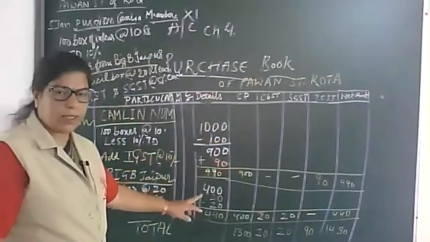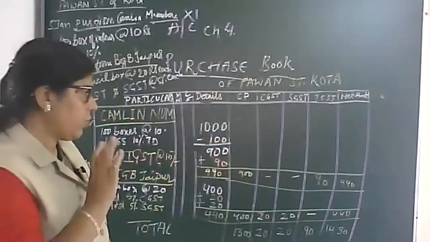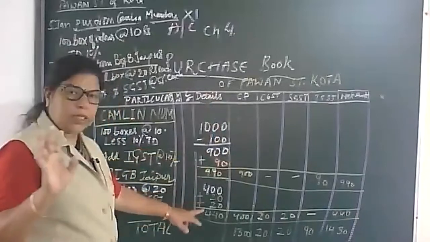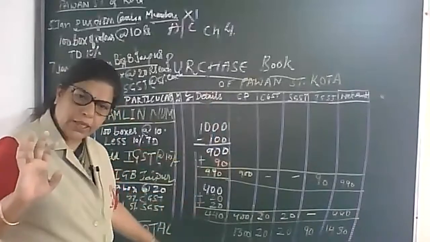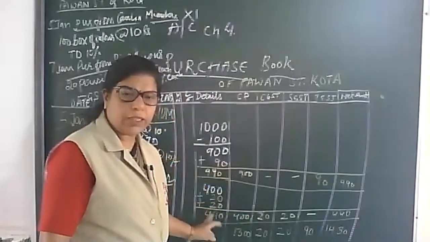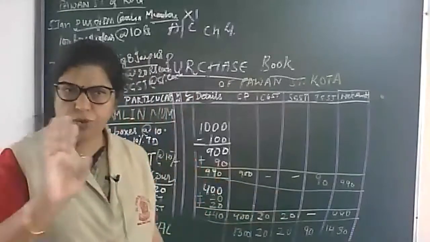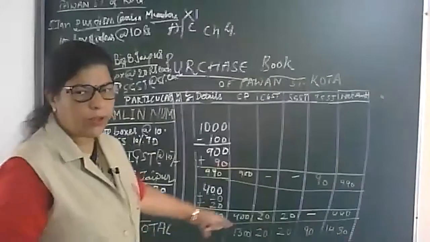So two taxes are there. Because trade discount is not given, we do not have to enter trade discount. Okay, so trade discount is not there, only CGST, SGST is there, no IGST, and the total.